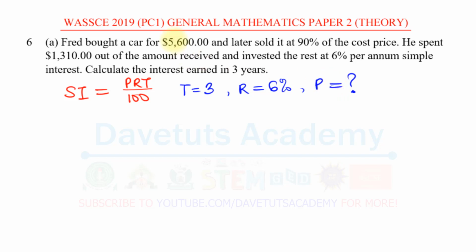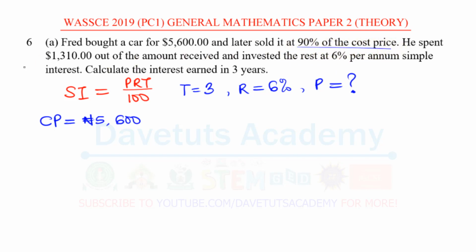And for us to get the principal, we need to analyze this information that we are given. We are told that he bought a car for $5,600. So we can say the cost price for the car is equal to $5,600. All right. Then we are told that he sold that car at 90% of the cost price.